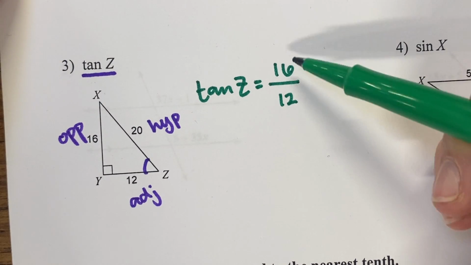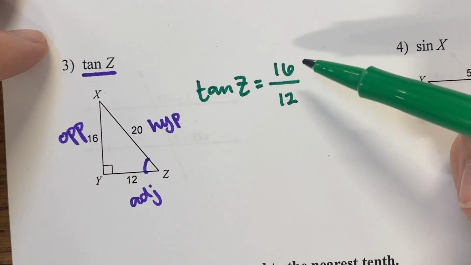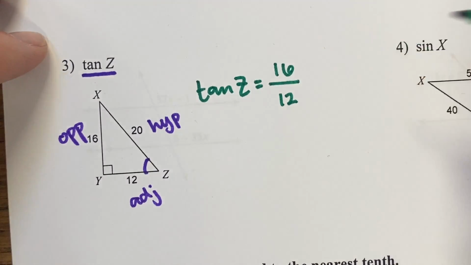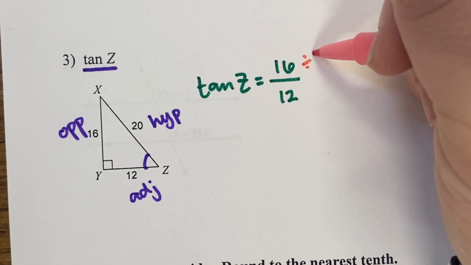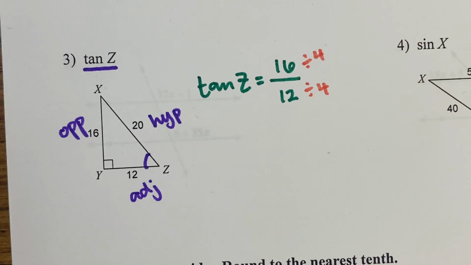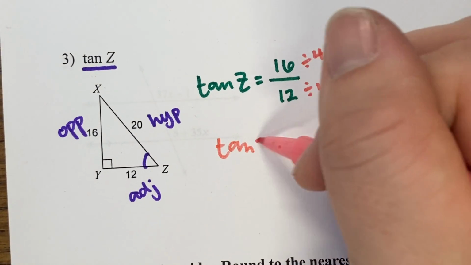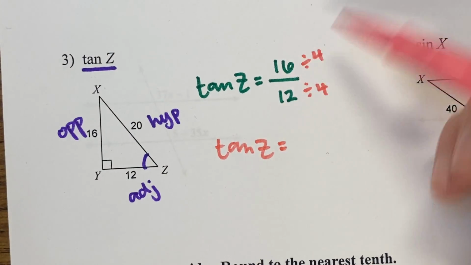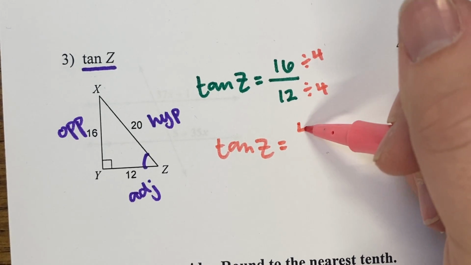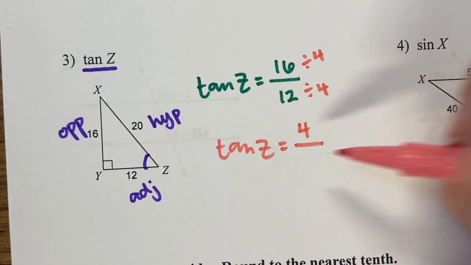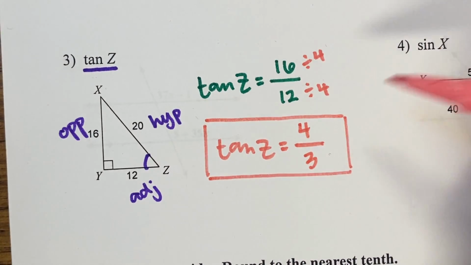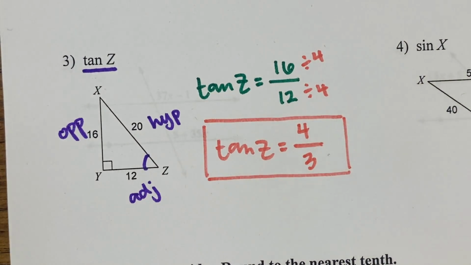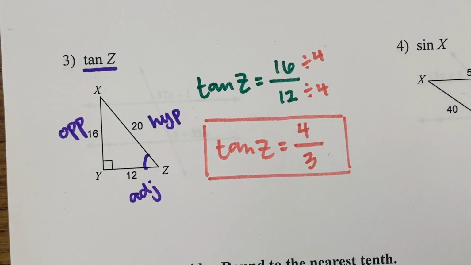Yes, they're even, but we can skip a step and divide them both by 4. So 16 divided by 4 is 4, and 12 divided by 4 is 3. So the tangent of angle Z is 4 over 3, the correct simplified answer.